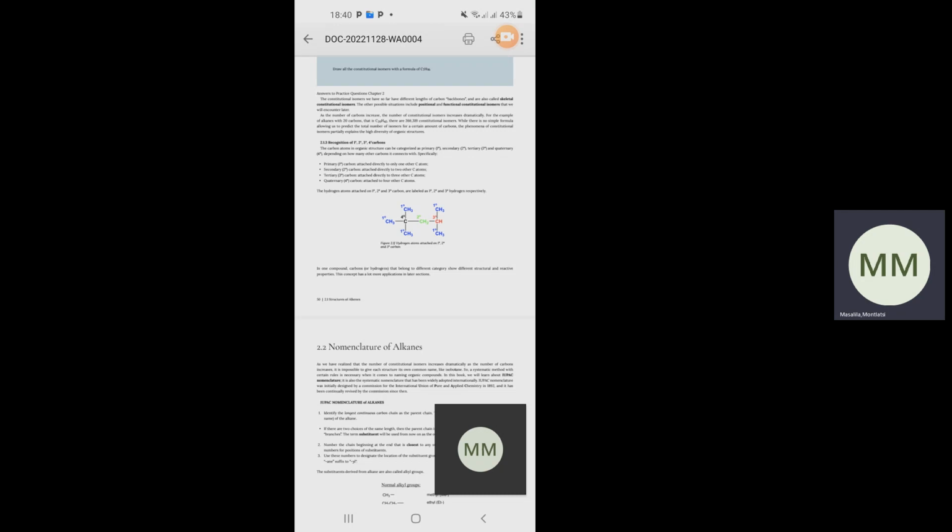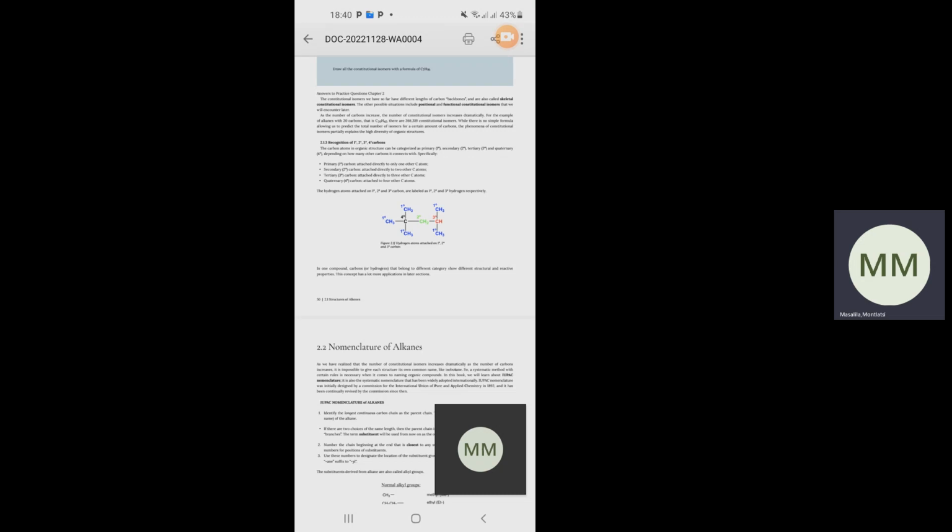But let us look at the structure of ethane. Just draw the structure of ethane there. Those carbons are first degree carbons because they are attached to one carbon. Look at the structure of propane. Propane has 3 carbons. It means that the carbon in the center is a second degree carbon.